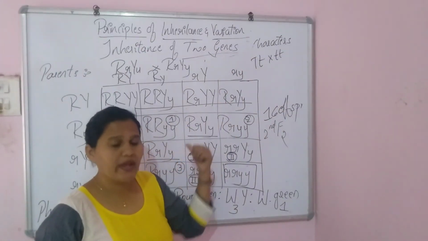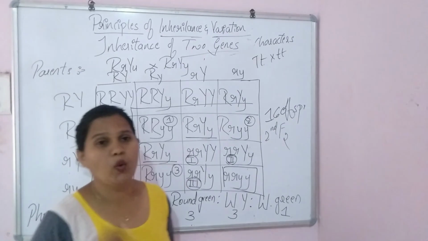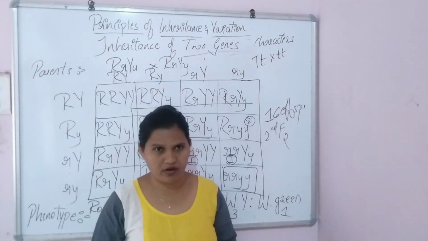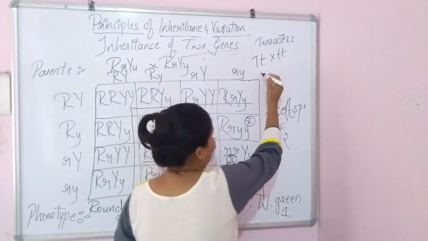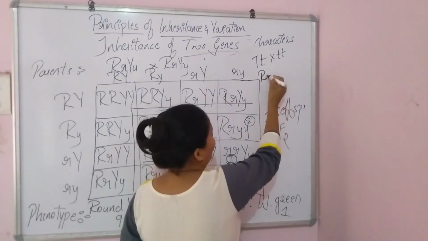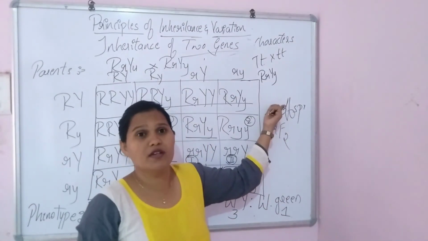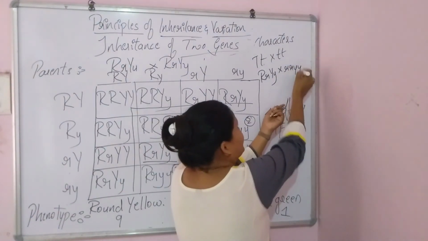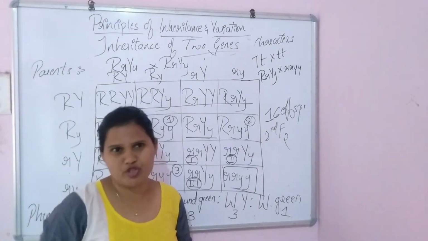Here also, in case of the dihybrid cross, Mendel wanted to know the genotype of the F1 generation of the dihybrid cross, right? So he took the F1 offspring, capital R small r, capital Y small y, and crossed it with the recessive character, that is the wrinkled green plant, which was the parent of the F1 generation.